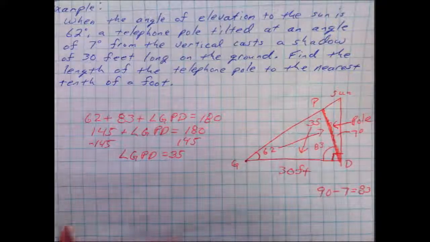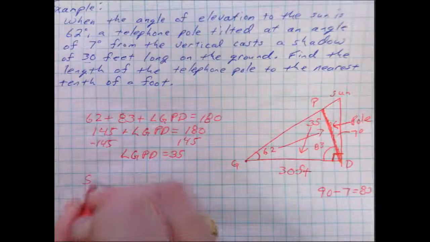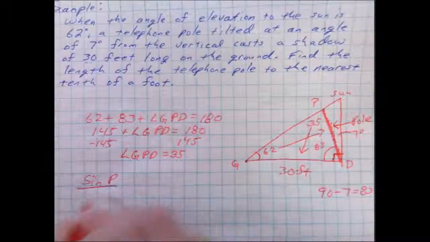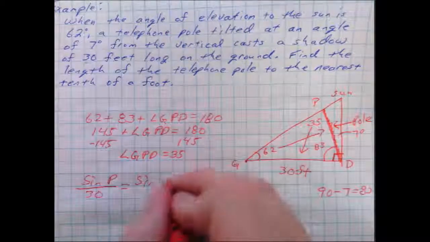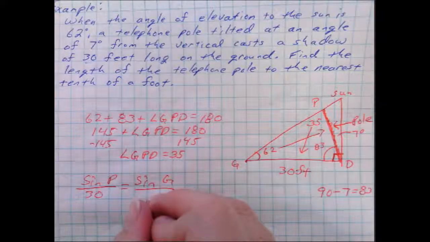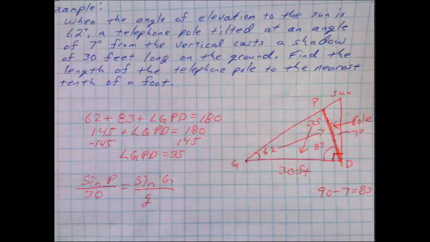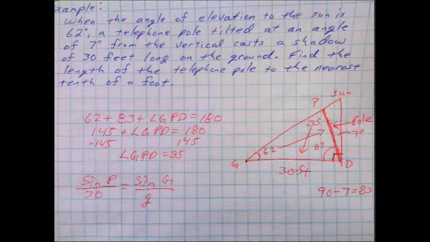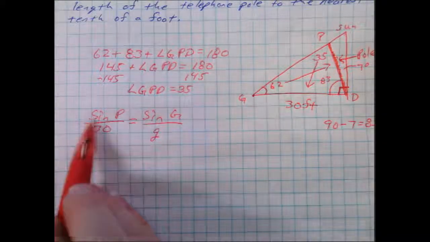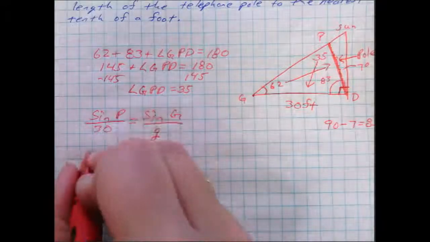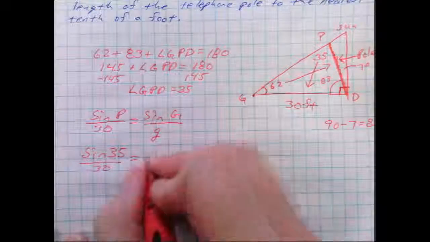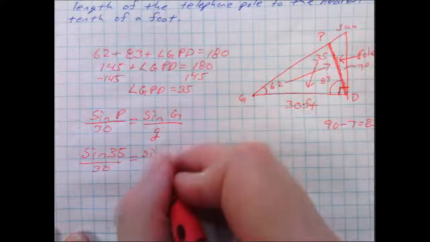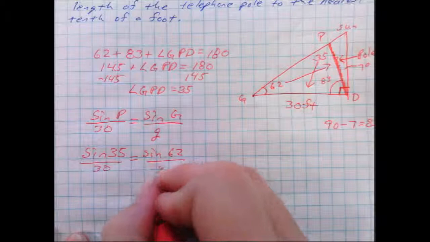So sine of P over 30 equals sine of G over lowercase g, because that's our pole. Alright, so then from here, we're going to be plugging some things in. Sine of P. What is angle P? It's 35. So sine of 35 over 30 equals sine of G. G is 62 over lowercase g.